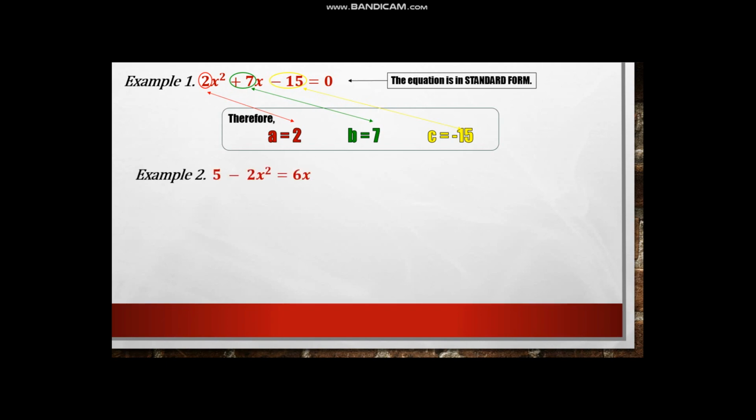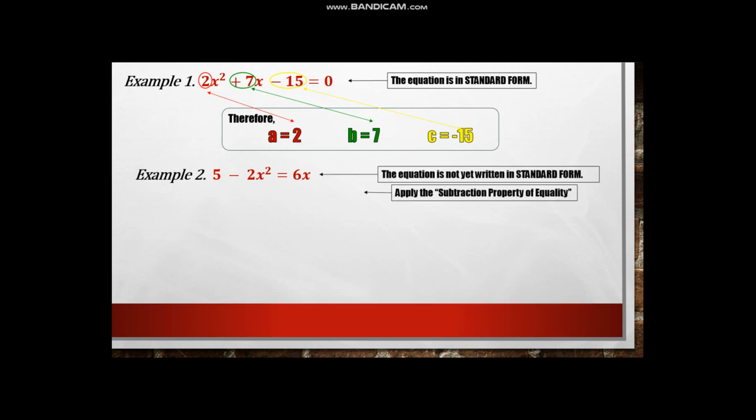Okay, next we have 5 minus 2x squared equals 6x. Again, this is a quadratic equation that is not yet written in standard form. So we need to transform this into standard form. How? By applying the subtraction property of equality. Are you familiar with this? Or are you more familiar with transposition?